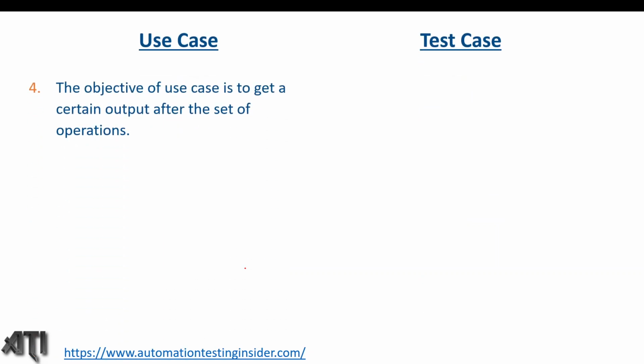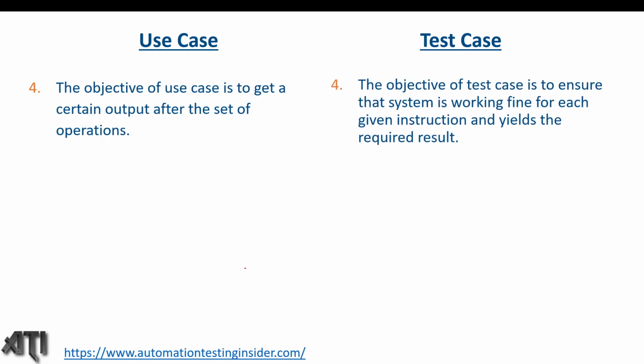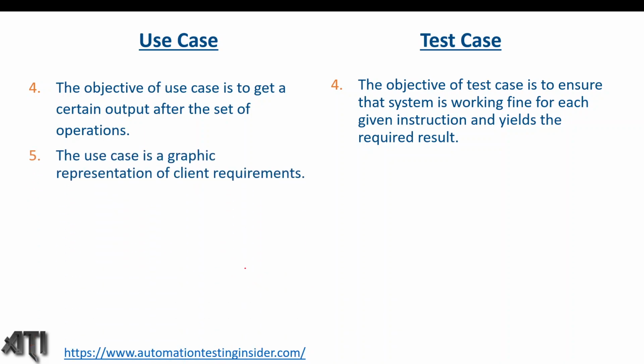The objective of a use case is to get a certain output after the set of operations. The objective of a test case is to ensure the system is working fine for each given instruction and yields the required result. The use case is a graphic representation of client requirements. This is another simple definition of use case. The test case is only documented in an Excel sheet.